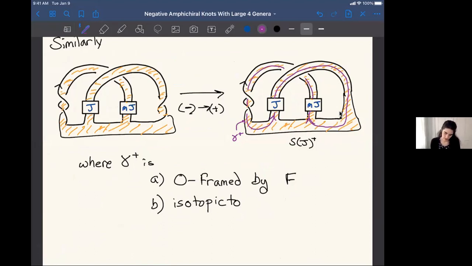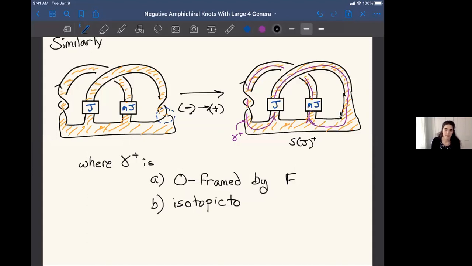So here, again, is the same knot drawn. Now we change this crossing, and we get this picture. And we choose a slightly different curve. Again, this curve is zero-framed by F. It's a different F, which is slightly confusing notation, but the curve is zero-framed by it.